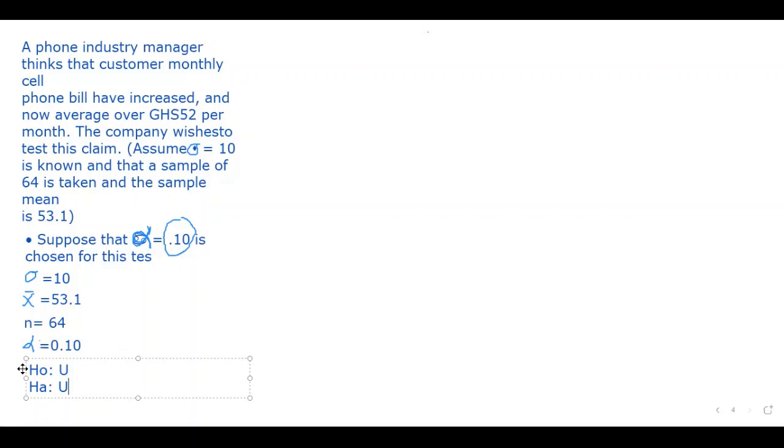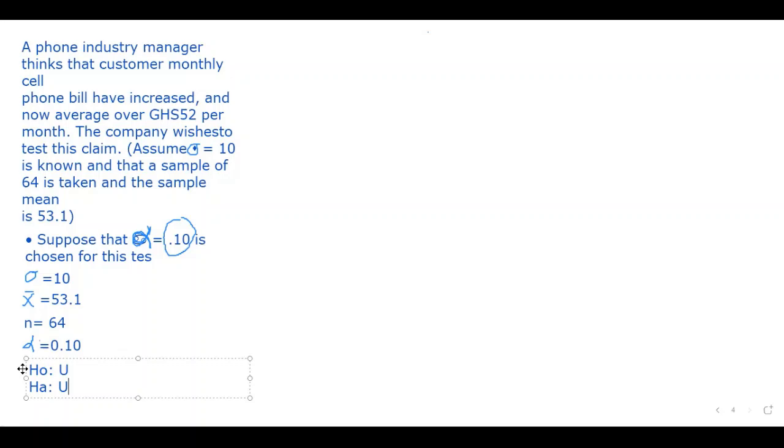The alternate hypothesis never contains the equality sign. So it's either not equal to, less than, or greater than. With this particular question, they gave us the alternate hypothesis first, and after that you write your null hypothesis.